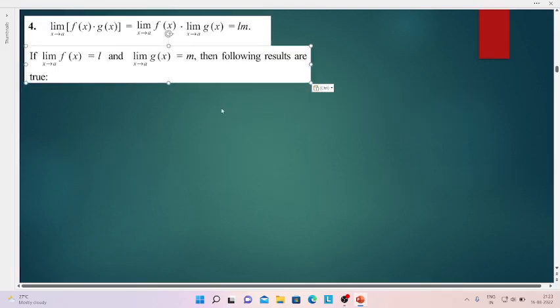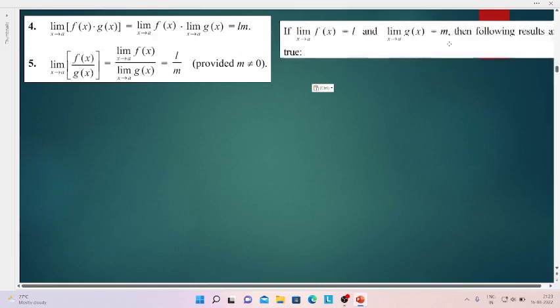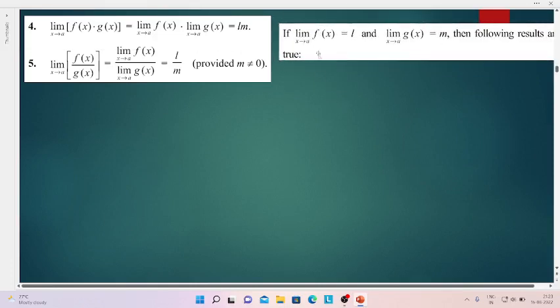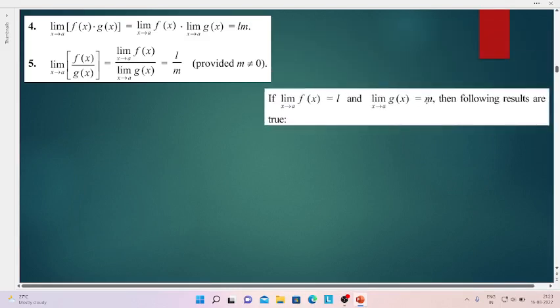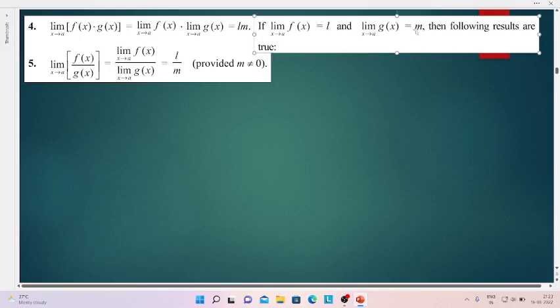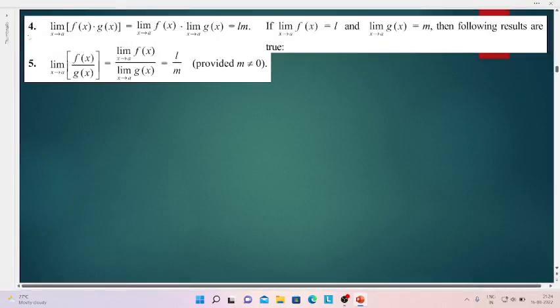Similarly, that holds with the limit as x tends to a of f(x) equals L and the limit as x tends to a of g(x) equals M. So this is the general thing, and you have to remember that. What these 4th and 5th results say is the product rule, and this is called the division rule.